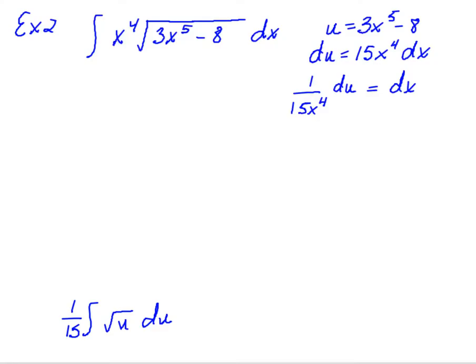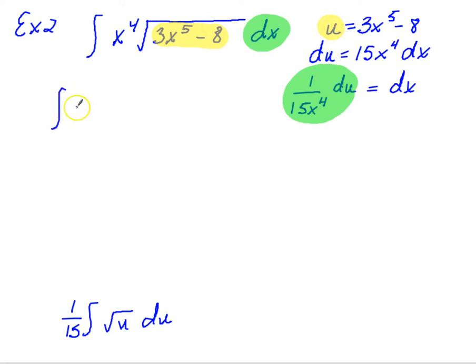Making substitutions, looking at what dx is equal to. dx is equal to this quantity. Looking at where our u is, the underneath of that radical is equal to u. So those are the two pieces I'm going to substitute in.